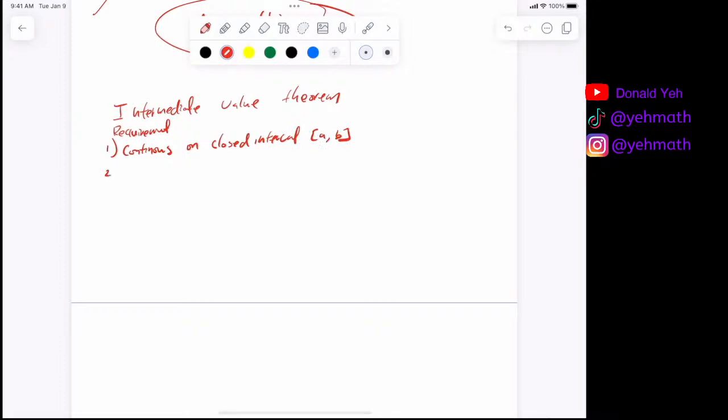The second requirement: f(a) does not equal f(b). This is actually an interesting one. If those two requirements are true, and k is a value between f(a) and f(b).